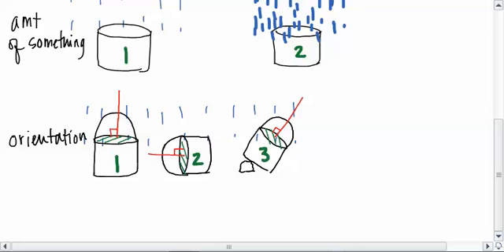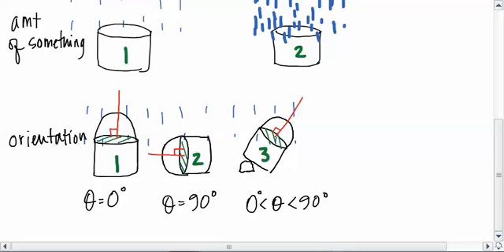What is the angle between this red normal line and the raindrops? 0 degrees. What's the angle between the normal line and these raindrops? 90. What's the angle between the red normal and something that is greater than 0 but less than 90? Is that a decent statement?